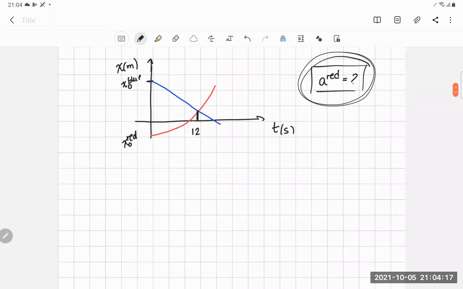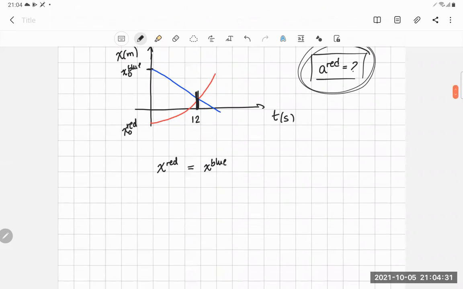Okay, so where do these cars meet? Well, when their position becomes the same, when the position of the red becomes equal to the position of the blue. Okay, what is the equation for the red? Well, the red has an acceleration. So I have the initial position of the red, plus the initial velocity of the red multiplied by time, plus acceleration divided by 2 times t squared.